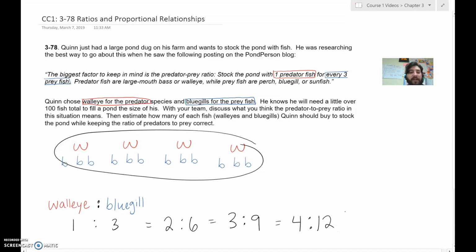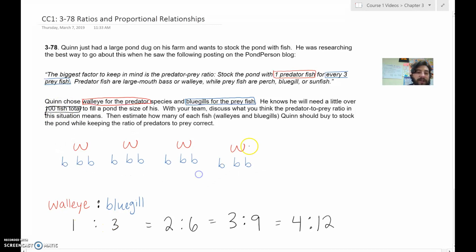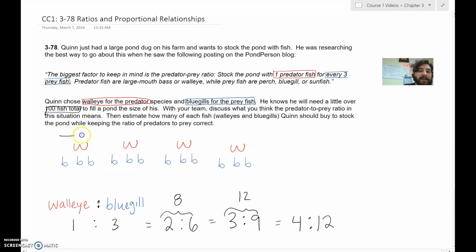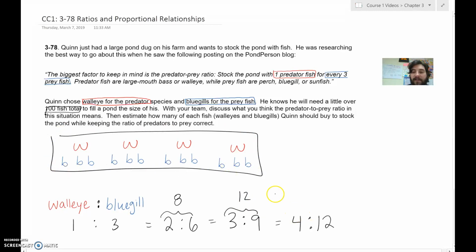But what we're really interested in is the total fish. In the original ratio, there's 1 walleye and 3 bluegill, but how many total fish? That's 4. With the second ratio, 2 walleye and 6 bluegill, that's 8 total fish. With 3 to 9, that means 12 total fish. And with 4 walleye and 12 bluegill, we have 16 total.